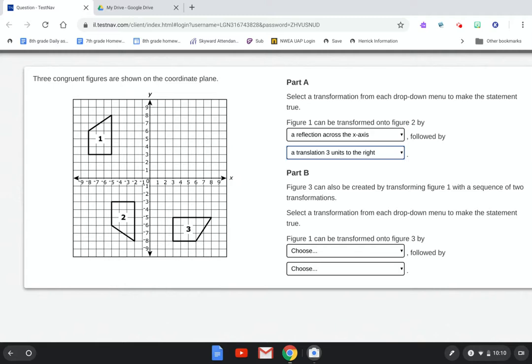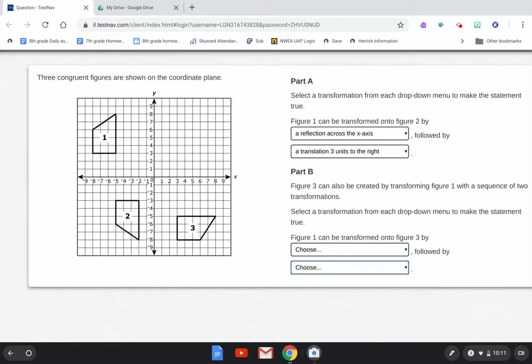For part B, figure 3 can also be created by transforming figure 1 with a sequence of 2 transformations. So we go from 1 to 3. If I look at that, it obviously rotated. So what are my options for rotation? We have 90 degrees there, and here we have 180 degrees.